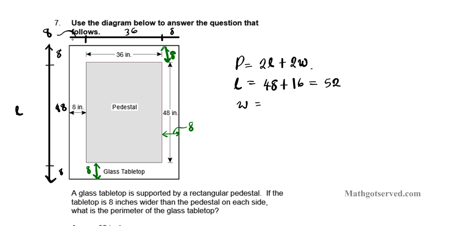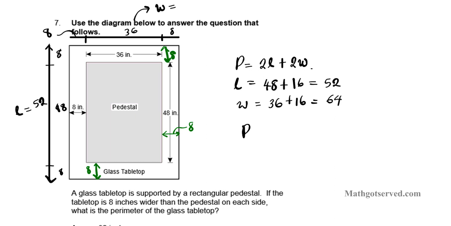Okay, so the entire length, I'm sorry, the width. This right here is the width. Okay, we have L is already given by 52, so we need the width. The width is going to be 36, the width of the pedestal, plus the 8 on both sides, plus 16 also. Okay, so that gives you 64.